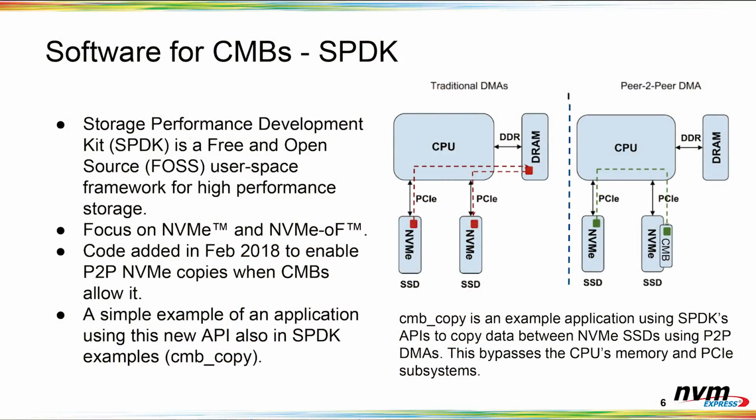So basically what we added in SPDK, and if you want, go on GitHub right now, look at the master tree, search for my name, and you should find on Valentine's Day, there's 4 or 5 patches that went in. What they did is we exposed a new API that said, if I'm moving data from NVMe drive A to NVMe drive B, and if one of those drives has a CMB, and if the user wants to, I'll use the CMB as the buffer rather than system memory. Okay, so now I can actually do offloaded copies.